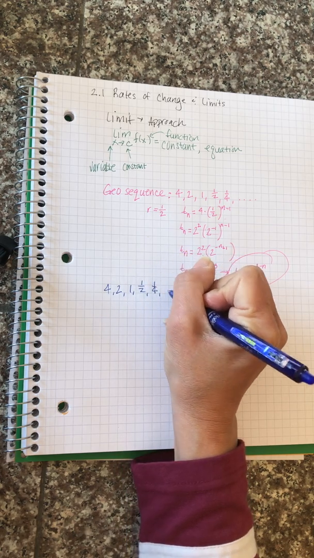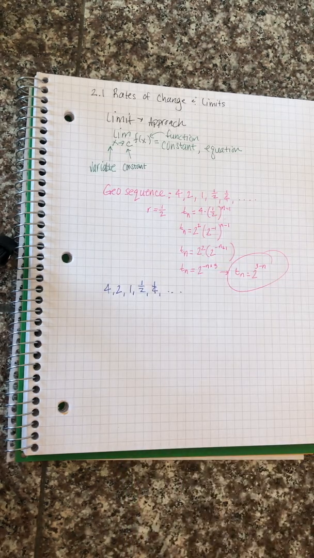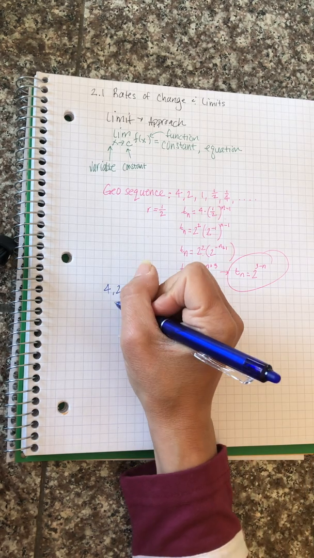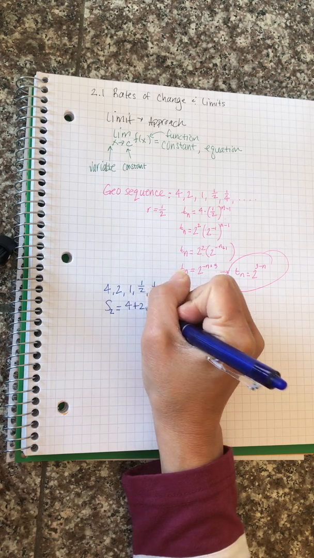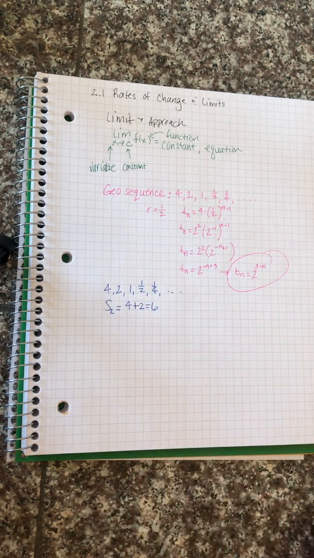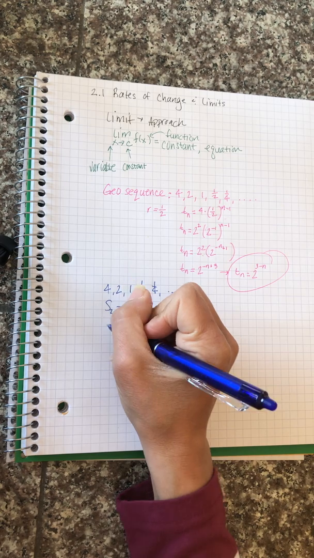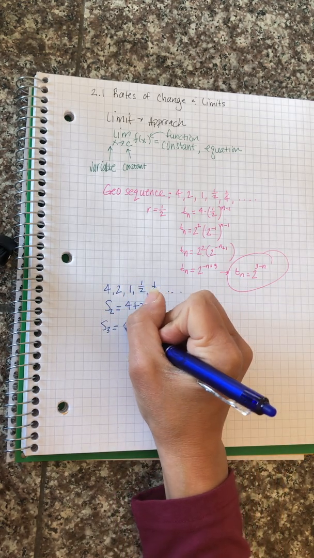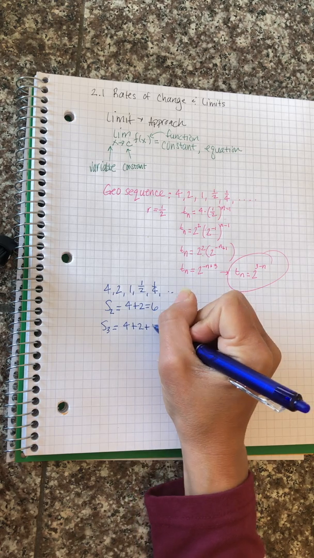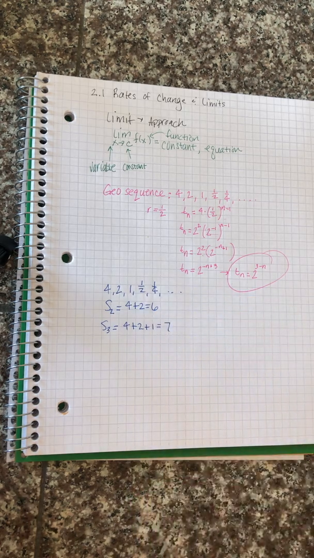If I asked you to find the sum of the first two terms, which is kind of silly, that would be 6. And if I asked you to find the sum of the first three terms, that would be 4 plus 2 plus 1, which is 7, last time I checked.